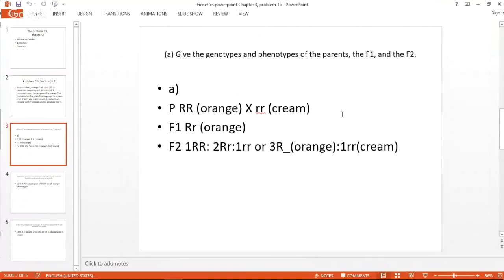Then we get two heterozygous, big R little r, which is 50%. Since they still have that dominant R, they're still going to have a phenotype of orange. We have one homozygous little r little r, which will be cream. So we have 3 orange, 1 cream: 75% orange, 25% cream.